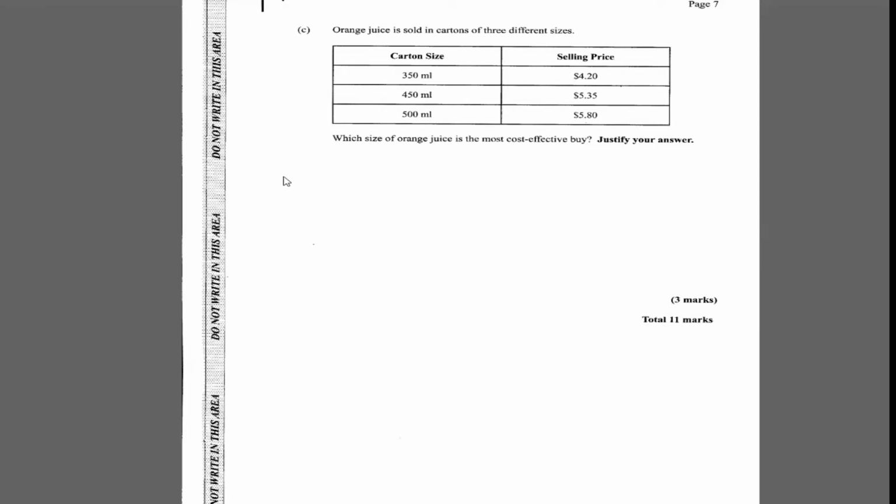All right, so if you look at 350 milliliter divided by the cost price of 4.25, what is that equal to? 350 divided by 4.25. When you work that out, that's giving me 83.3 milliliter per dollar.